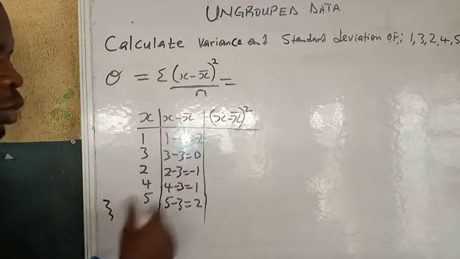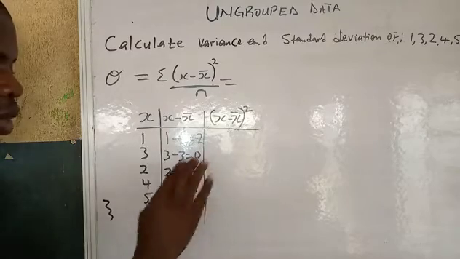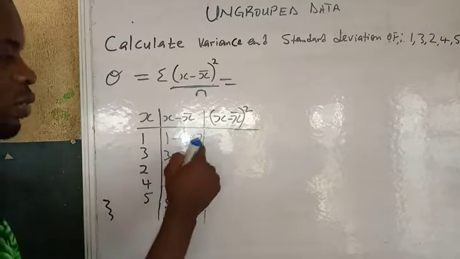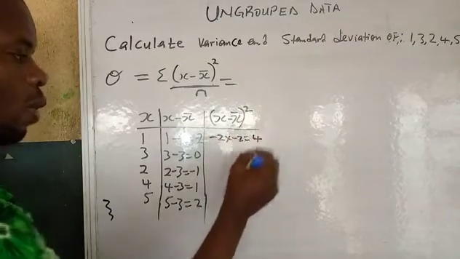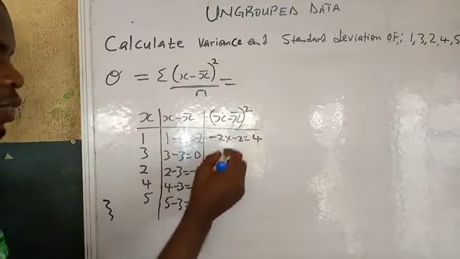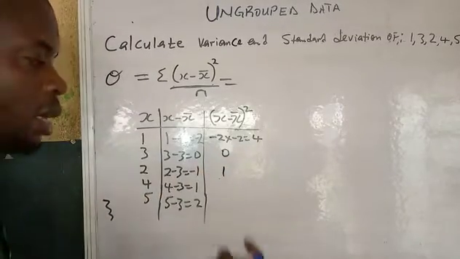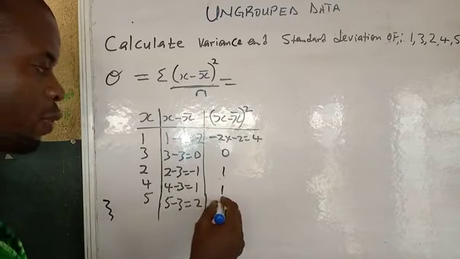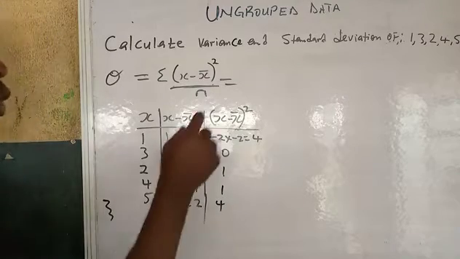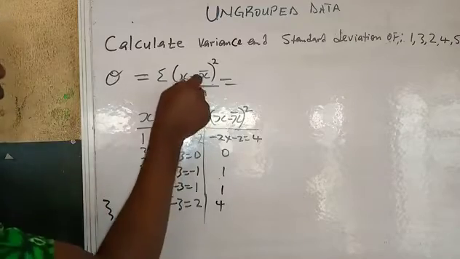So this is the deviation for the first one, deviation for the second one, deviation for the third one, like that. If you take the square of minus 2, which is minus 2 times minus 2, that is going to give us what? 4. So I can just say square of 0 is 0, square of minus 1 will give us 1, minus 1 times minus 1. That is 1. Square of 1 is also 1. Square of 2 is going to be what? 4.